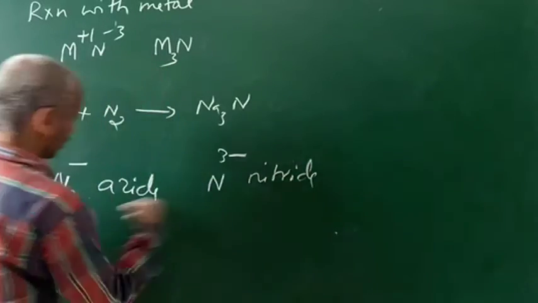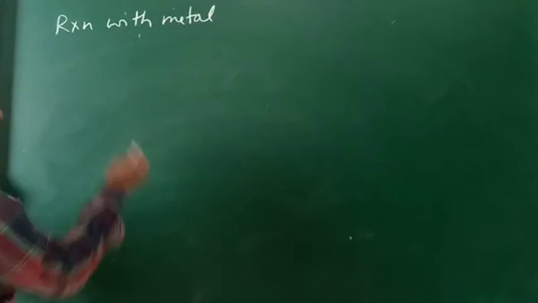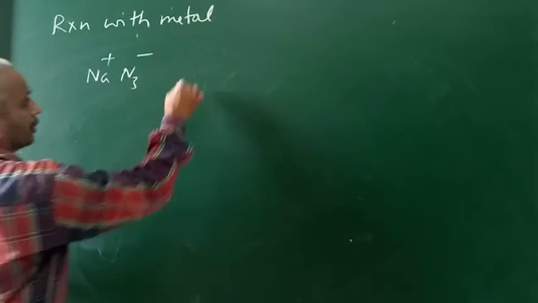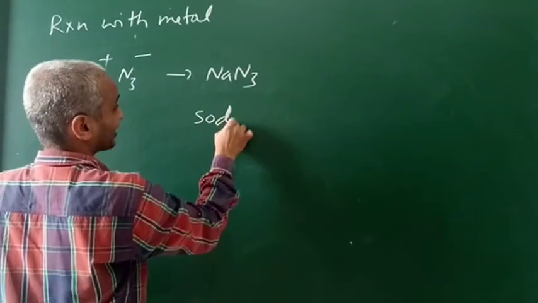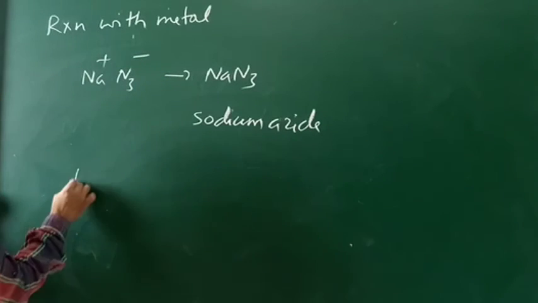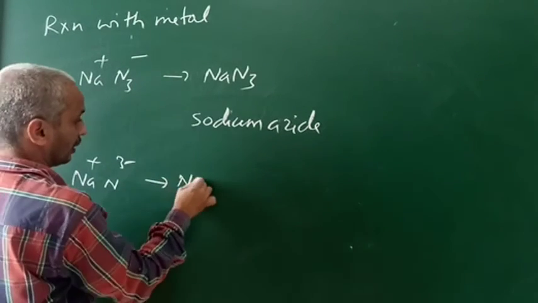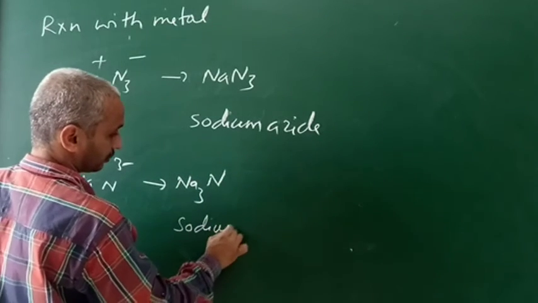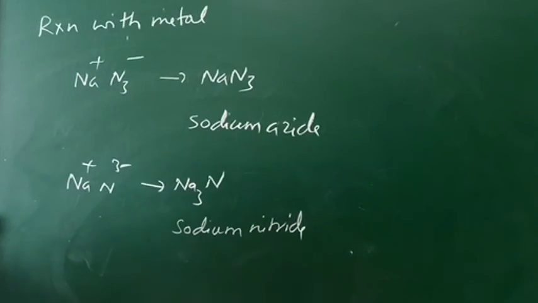Don't get confused. I can have Na+1 and N3-1, then I get NaN3, which is sodium azide. Whereas Na+ with N3-, I get Na3N, which is sodium nitride. Don't get confused with these two.